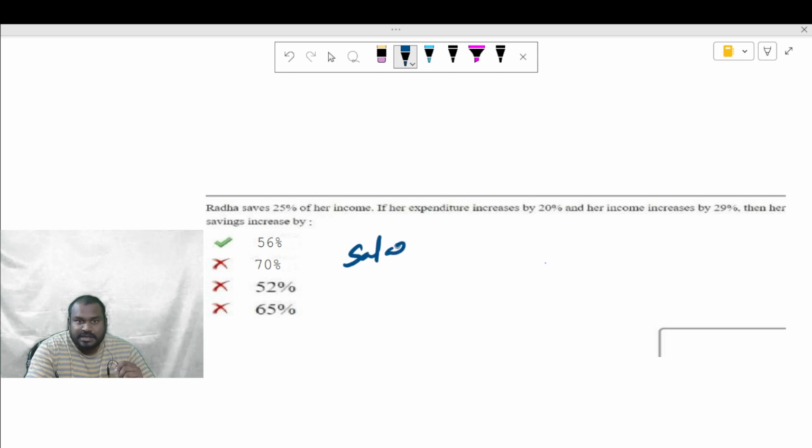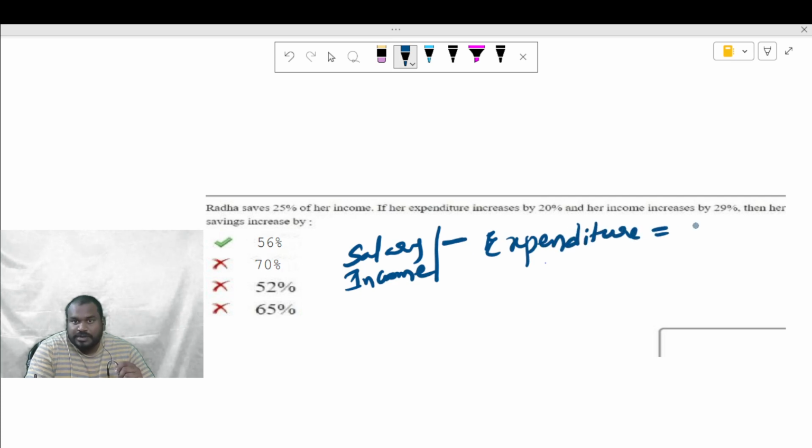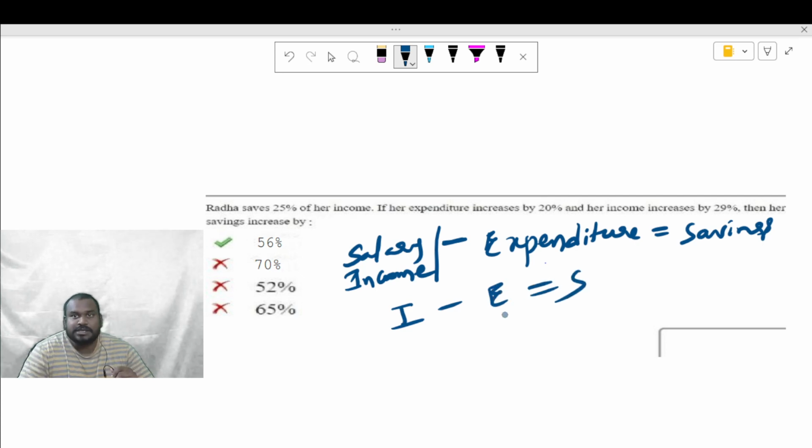Salary is called income. Salary or income minus expenditure will give you savings. I'll just put it as I minus E equals S.